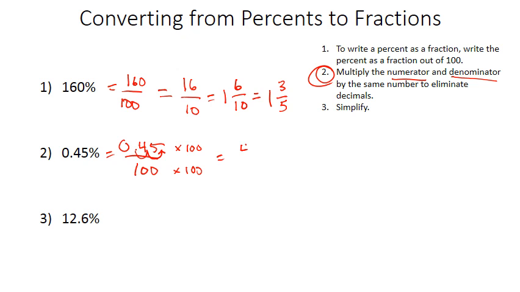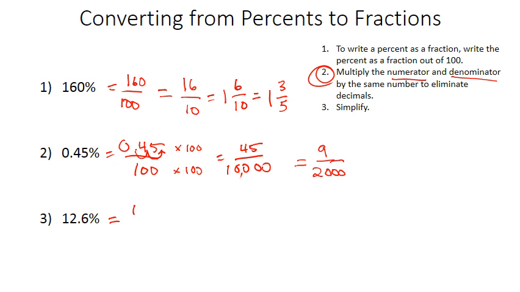So that will give me 45 out of 10,000. Then I want to simplify that. Well, I know I can divide both by 5, so 45 divided by 5 is 9. And then 10,000 divided by 5 should be 2,000. So I'll get 9/2,000.